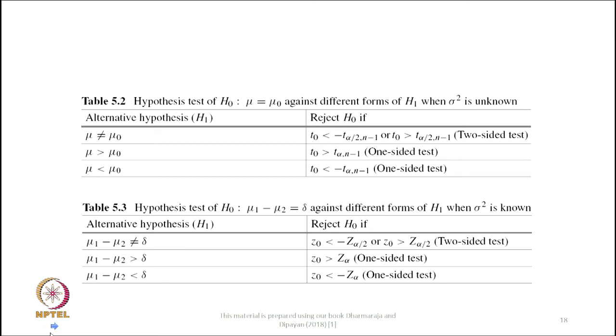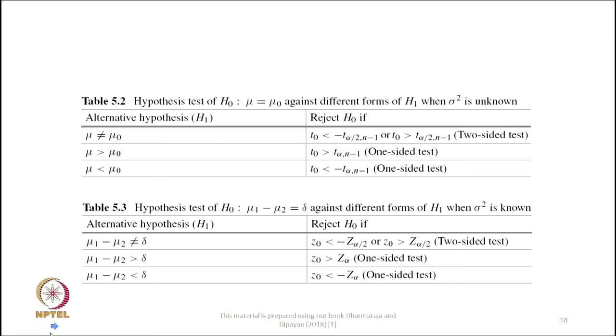So, I did not write repeatedly what the alternate hypothesis and null hypothesis are each time. I initially started with mu equal to mu naught. Therefore, according to the alternate hypothesis, you can think of its negation as the null hypothesis. Fine.